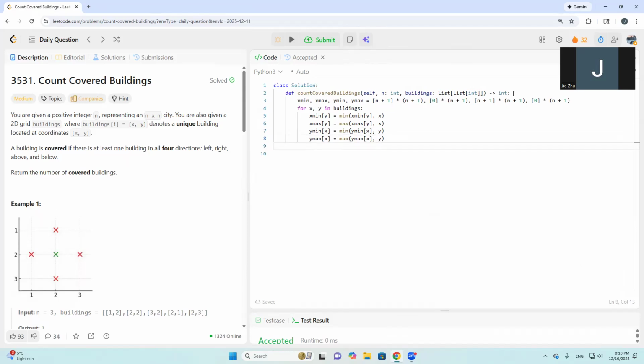In the end, we let our result equal 0. For x, y in buildings, if x min y is smaller than x and x is smaller than x max y, and y min x is smaller than y and y is smaller than y max x, then the result should increase by 1. Then just return result.